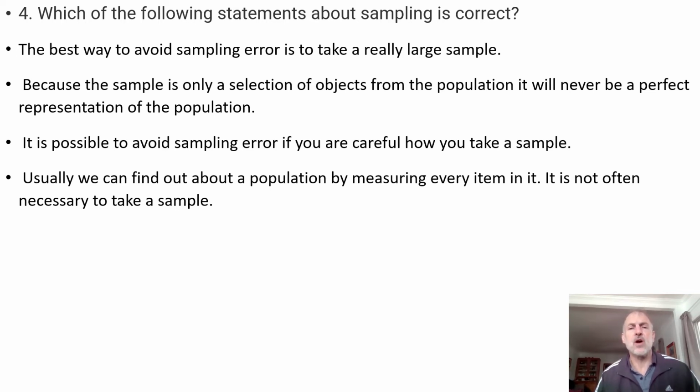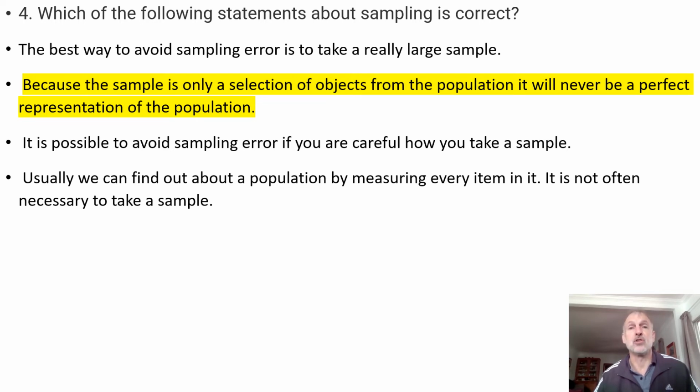Usually we can find out about the population by measuring every item in it. It is not often necessary to take a sample. So choose the one which is correct. Because the sample is only a selection of objects from the population, it will never be a perfect representation of the population.